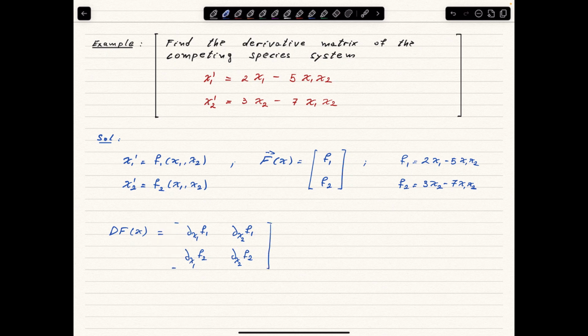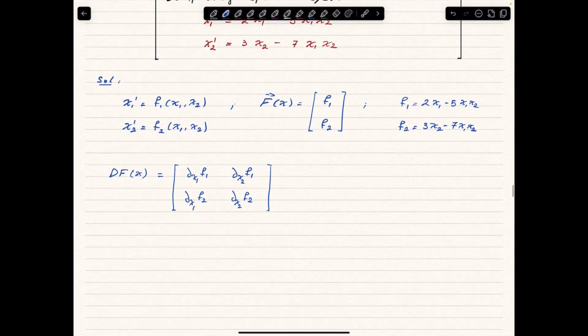Okay, and now let's do these derivatives. Well, first let's write down what these derivatives are. Derivative with respect to x1 of f1, but f1 is 2x1 minus 5x1 x2.